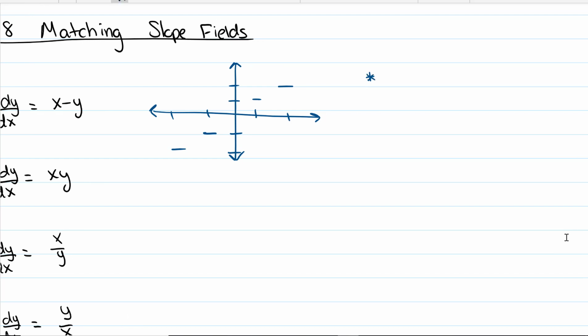So what I want to notice about this is when x equals y, the slope, or dy/dx, is equal to 0.